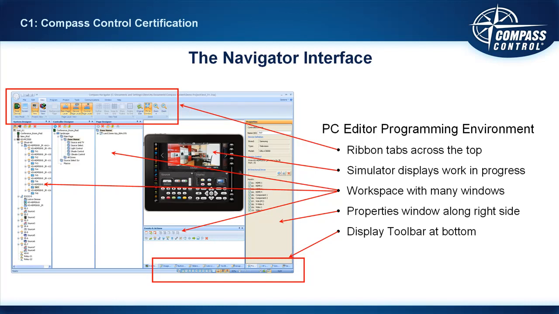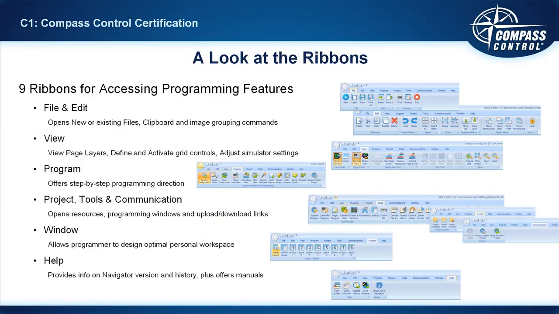So it's very important to keep your eye on what's going on in the properties window. At the bottom is a toolbar that's mostly for the display, so that you can choose different layouts and that you can zoom in and out on the simulator. You can also choose what layers you want to open and close at a given point.